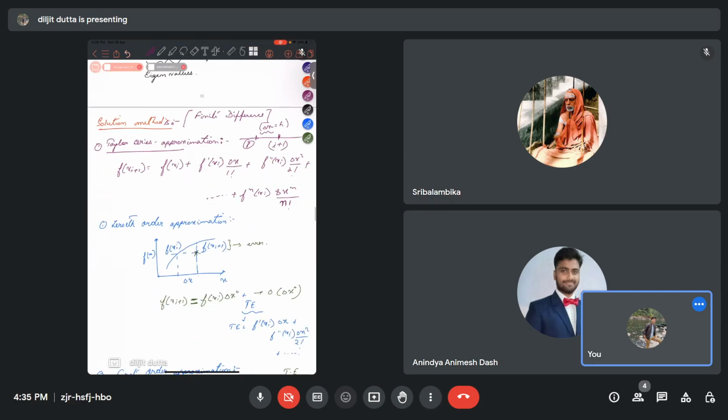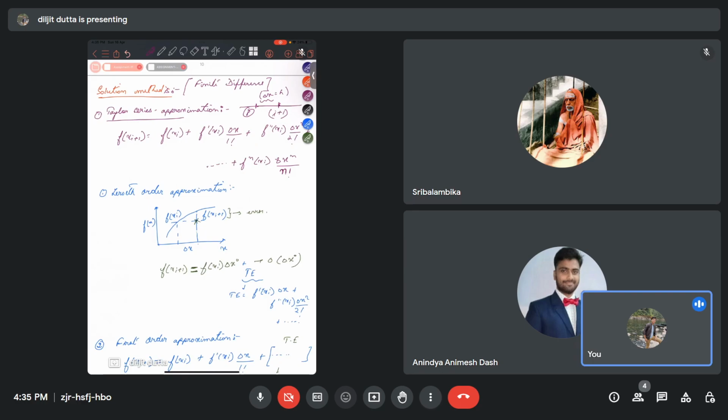Now we need not consider all the terms in the Taylor series, so we can approximate for different orders. First we have the zeroth order approximation. In zeroth order we assume that f of xi plus 1 is equal to f of xi.